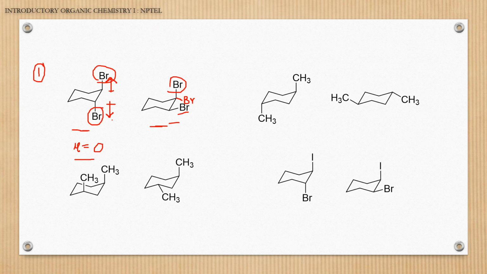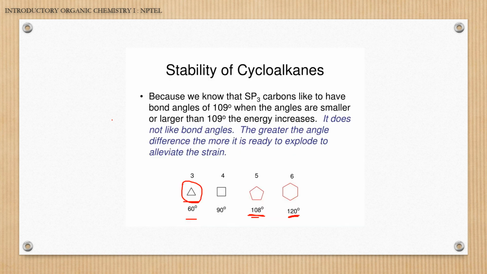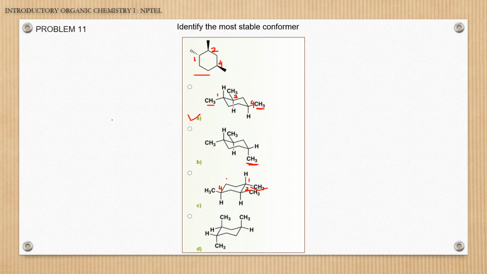But as I've told you, one conformation can also have another set of conformation, as we have seen in this particular case. Here you have seen that both conformations A and C are possible for this system.